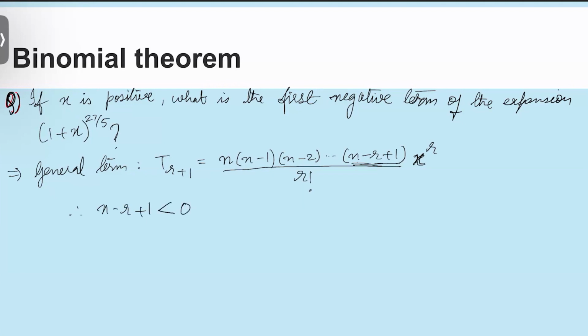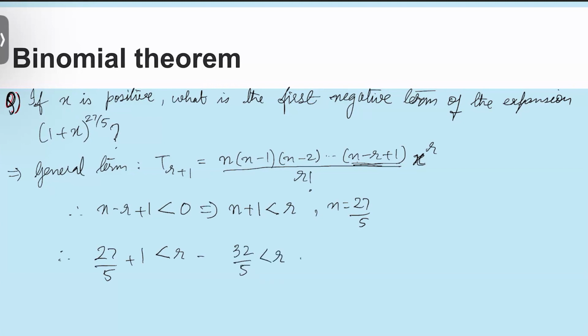When you write it in this form, this means n plus 1 will be less than r. Now we can put the value of n. So n is equal to 27 by 5. Therefore, we write 27 by 5 plus 1 is less than r. If you evaluate this, it will come up to 32 by 5 is less than r.